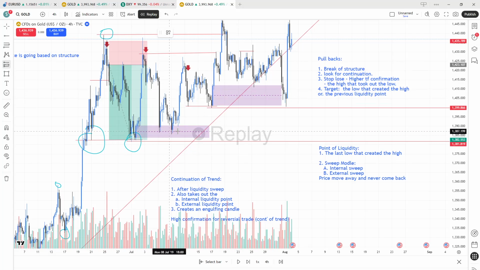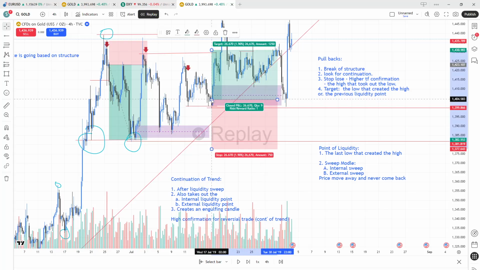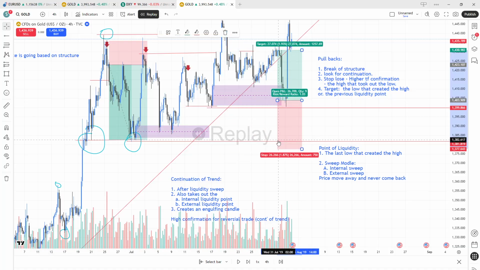Okay, so remember here we can see that price comes back for the retest. So whatever the retest is going to be here, I'm going to put my entry right here, and then stop loss would be here or here or here.